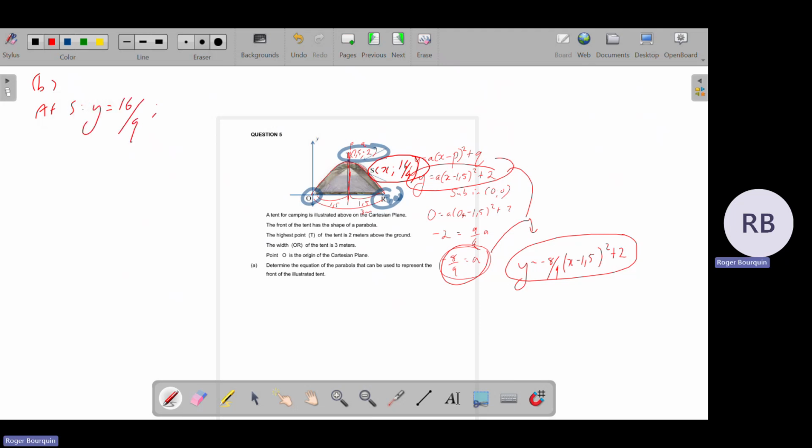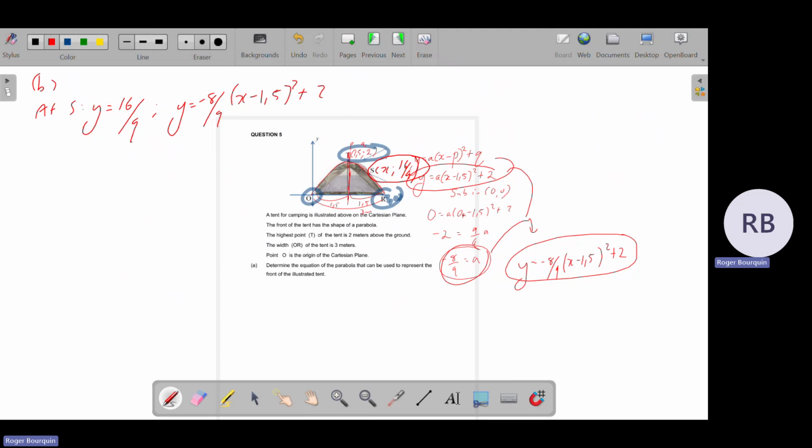And we know the equation of the graph is y is equal to negative 8 over 9 (x minus 1.5) squared plus 2. You with me? Okay, so I know the y coordinate is 16 over 9 because it's sitting that high above the ground, and I know that's the equation. So if I've got a y coordinate, how do I find the x coordinate that goes with it?